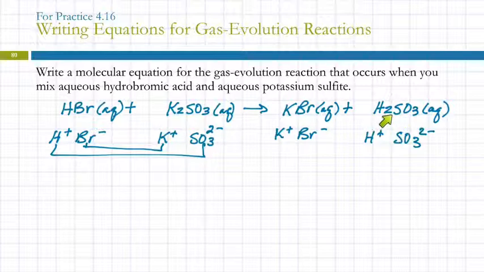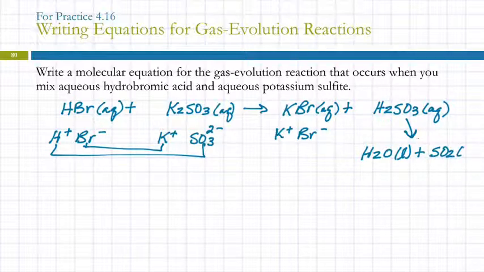It's this one, H2SO3. I'm going to get rid of this down here. So this is unstable, and it's going to decompose into water, which is a liquid, and what's left when I remove water from this molecule? SO2. SO2 is my gas.